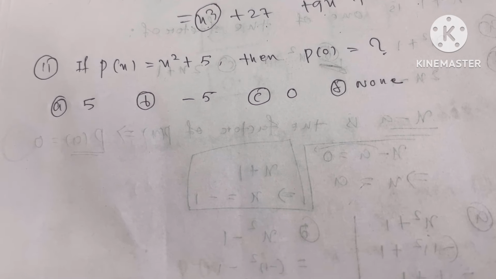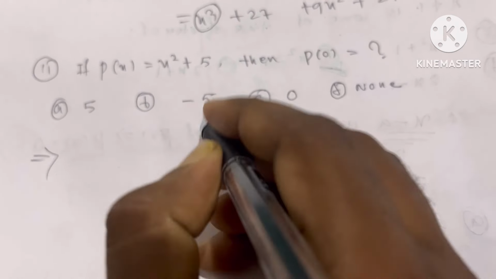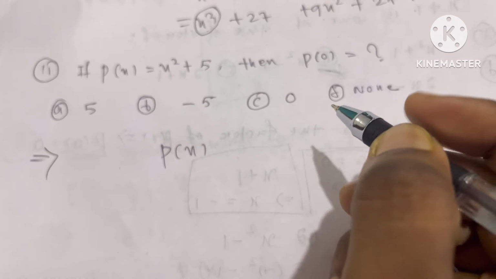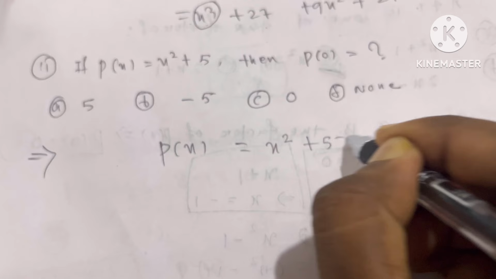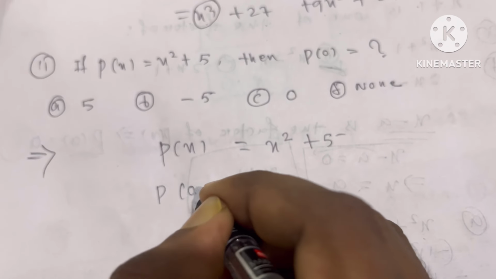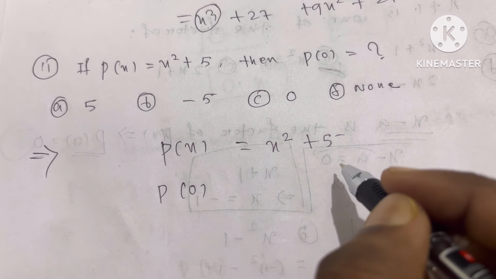If p(x) is equal to x square plus 5, then p of 0 is equal to what? Option A 5, B minus 5, C 0 and D none. This is very simple. The polynomial p(x) is equal to x square plus 5. You need to find the value of p of 0, which means in place of x we will put 0.